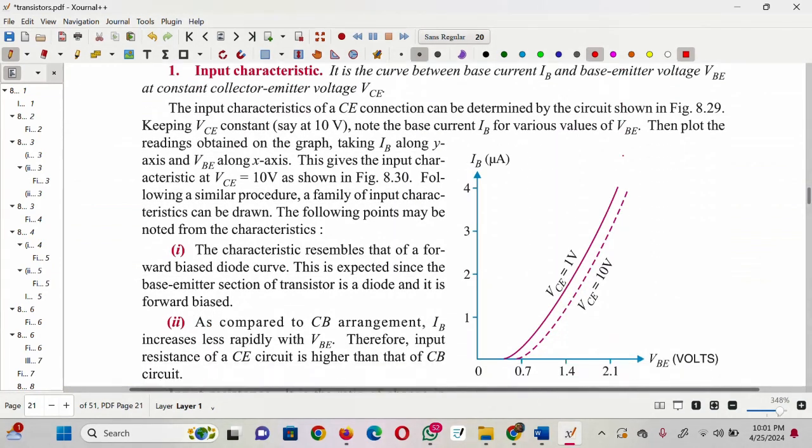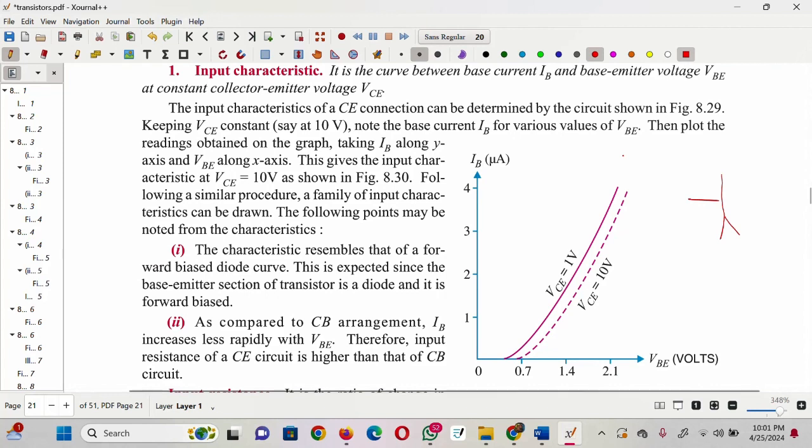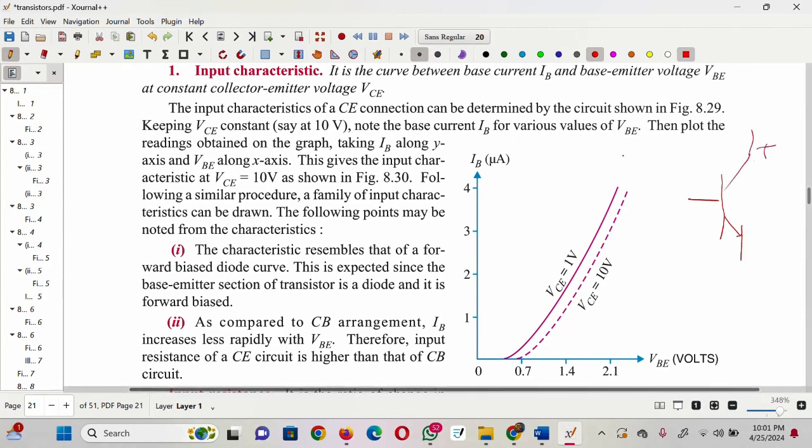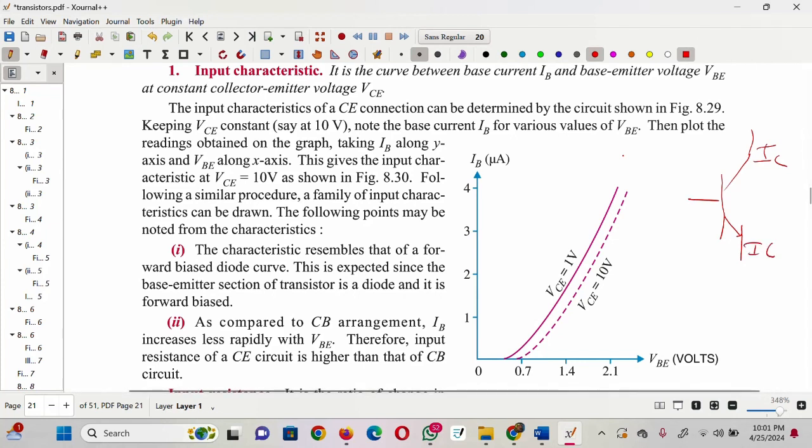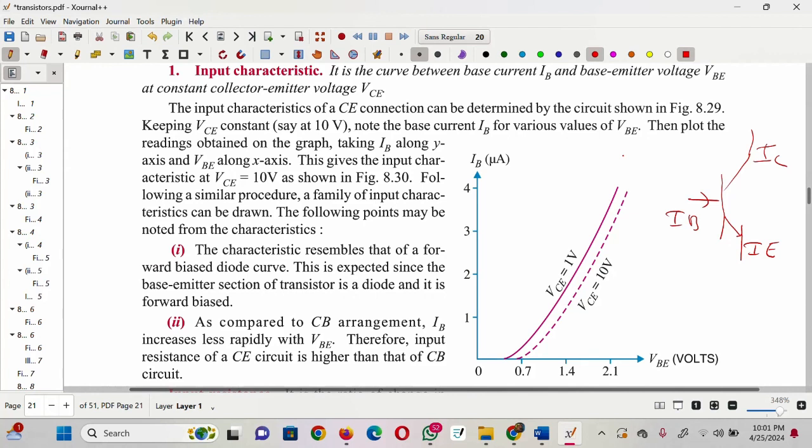In the input characteristics, we are going to draw the curve. From the circuit itself we can know this is the common emitter configuration. This is for collector IC, this is for IE, this is for IB. Generally, this is the common emitter circuit for a normal transistor.